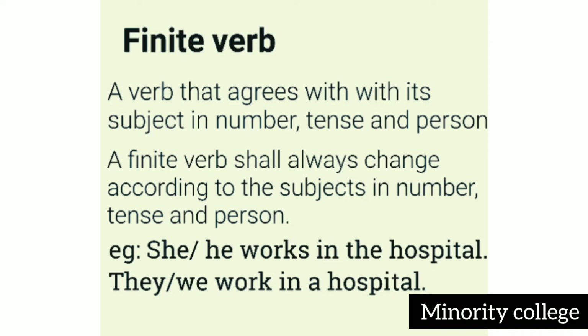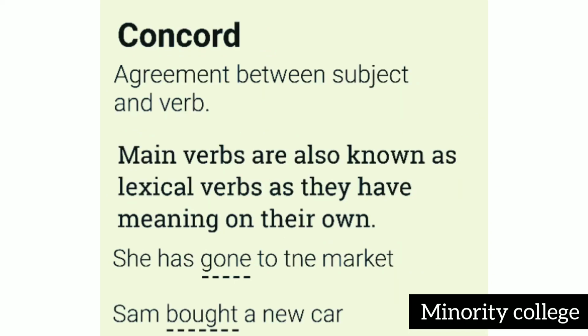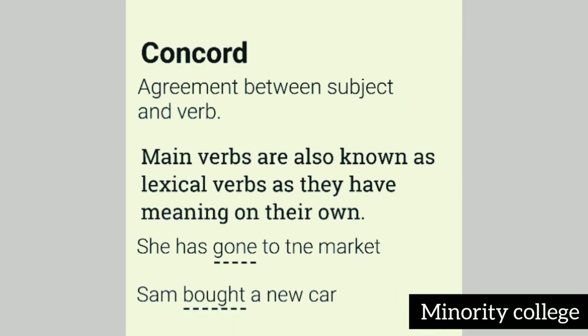Here we use works because the subject is she, singular. The next example is they or we work in the hospital. That means they is the plural subject, so we use the plural verb work. And also, I work in the hospital. This kind of agreement between the subject and the verb is called concord. This we studied before.